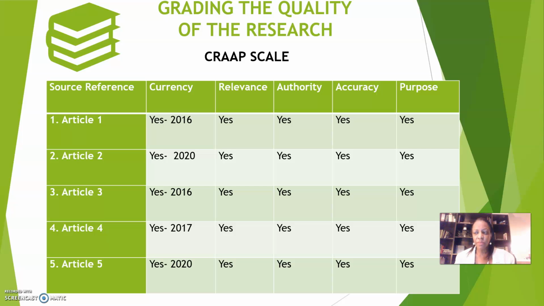The relevance displayed the importance of the information for the needs of the project. The authority was the source of the information. The accuracy was the reliability, the truthfulness, the correctness of the actual content within that article. And the final purpose was the reason that the information existed.